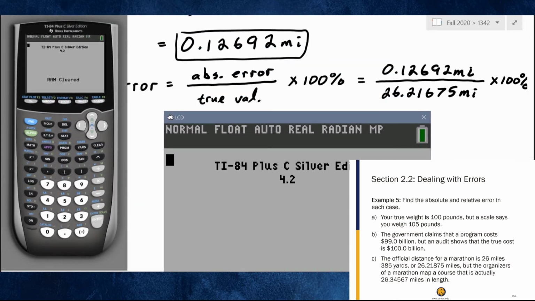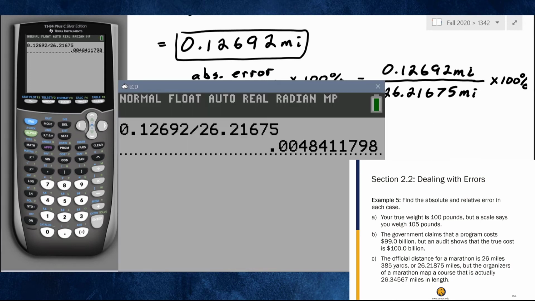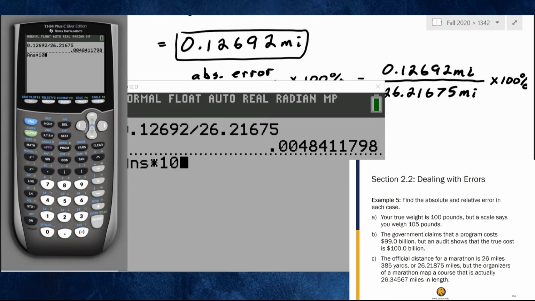So let me go ahead and show the calculator doing this real quick. We can just plug it in as 0.12692 divided by 26.21675. So we get this much approximately. We'll have to round that off a little bit. We're going to times that by 100.